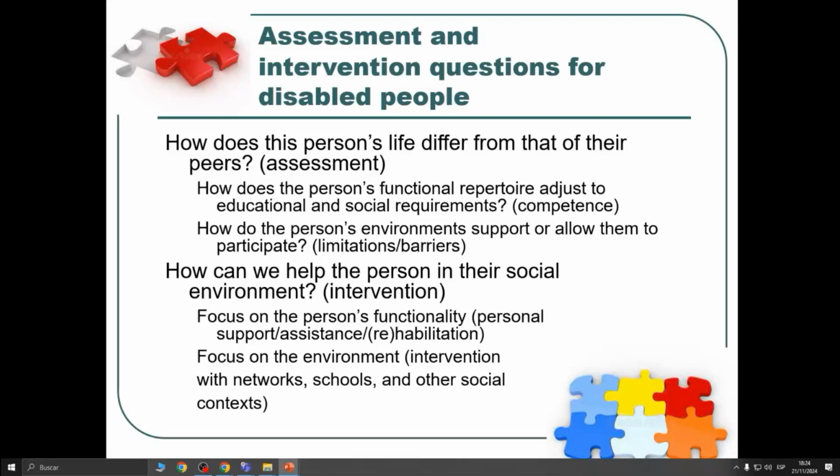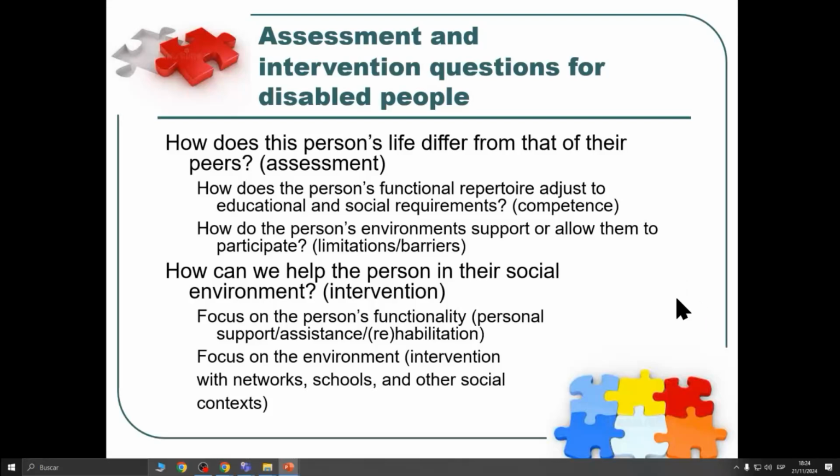We also want to think in terms of intervention in practical terms. We want to look at the person's functionality, and that has to do with projects for rehabilitation. We also want to focus on how environments are designed to support people with impairments in a better way. And that means intervening at the level of networks, social organization, physical environments, and social environments.